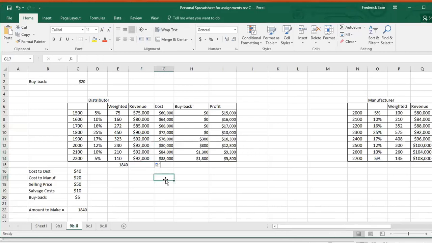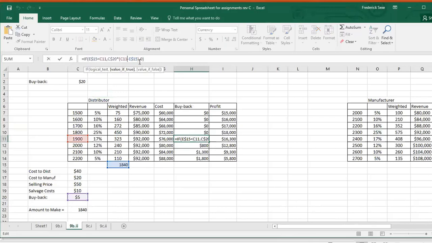So here we go. If you look at the buyback here, I haven't found a point where I've encouraged the distributor to sell more stuff. So we can do buyback. Well, here it's only $5. Actually, this may be an error. So I use E15. If I'm looking here, I actually use C20 as my buyback value, so it just equals this box here.